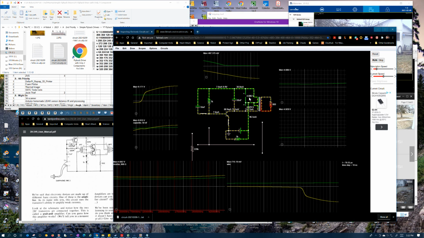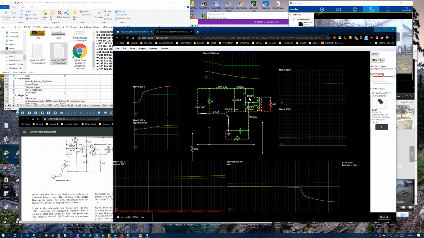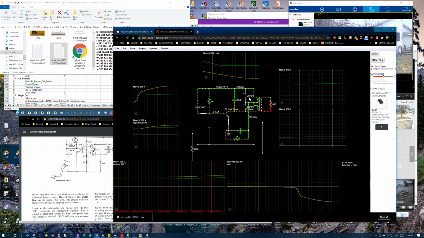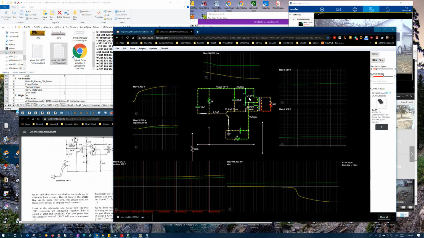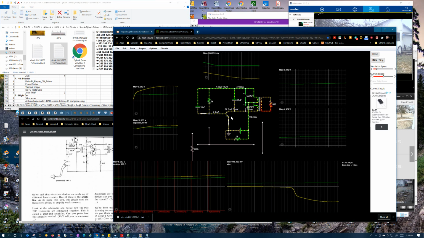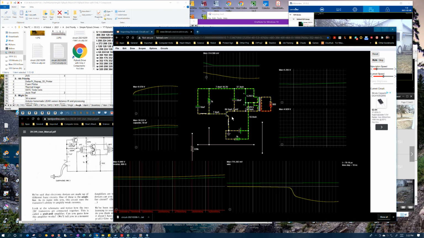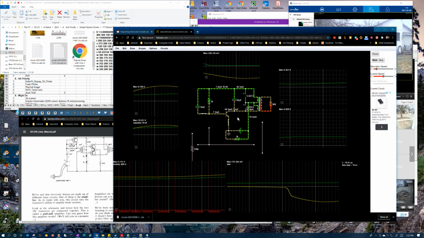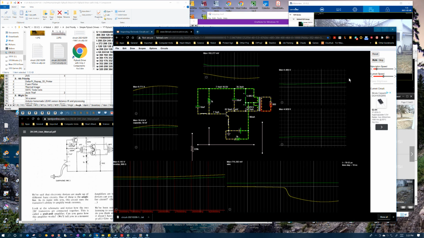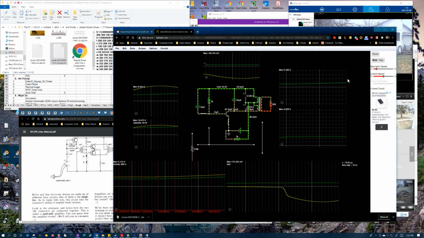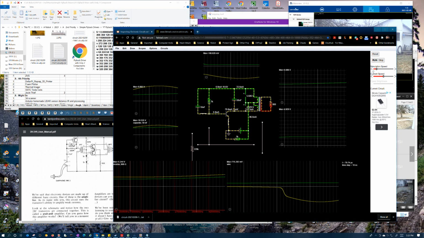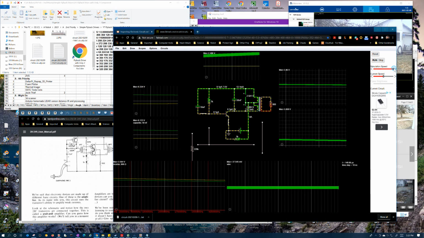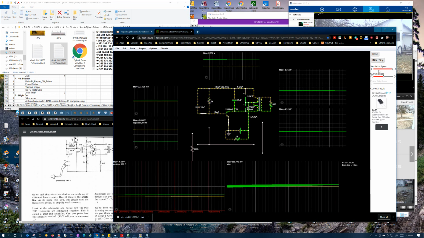So that never actually went negative or anything, interestingly enough. But that's because our current here is increasing again. So I'm still confused. Oh shit.